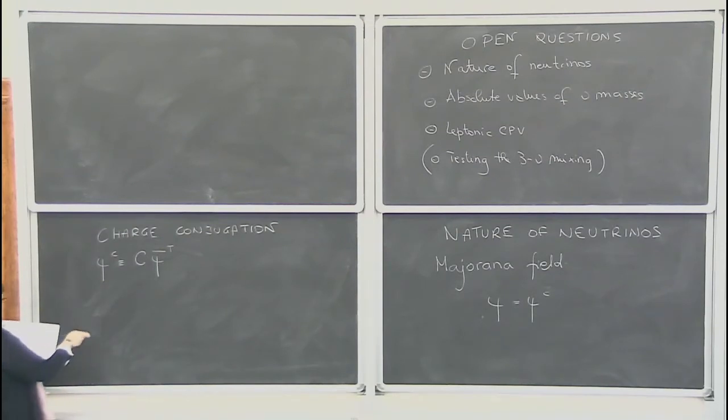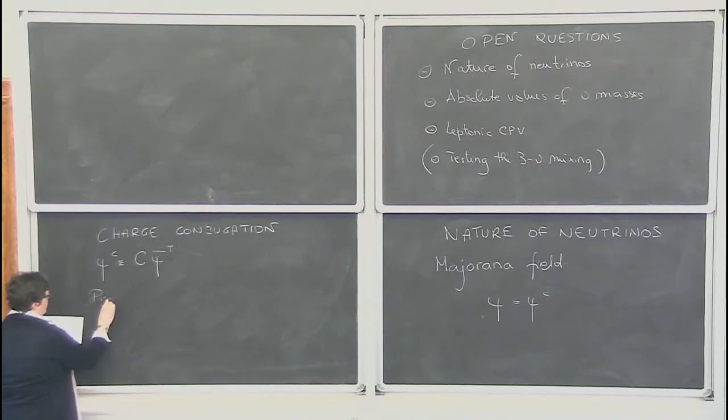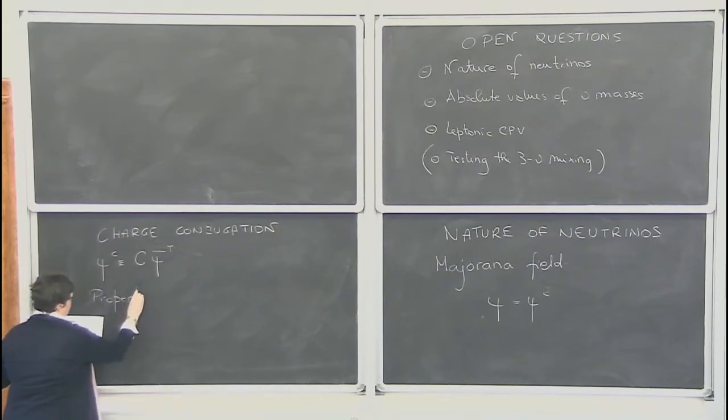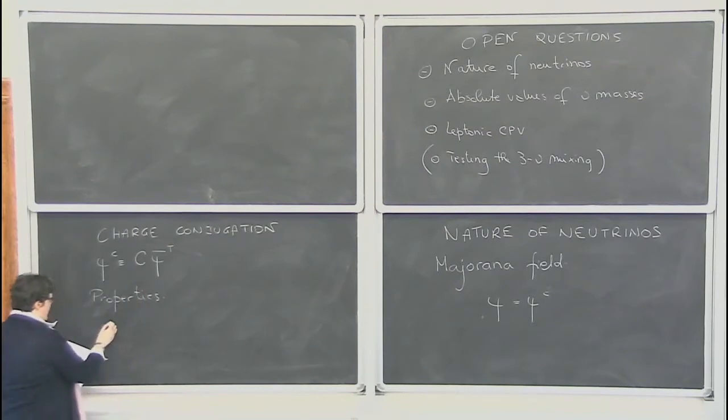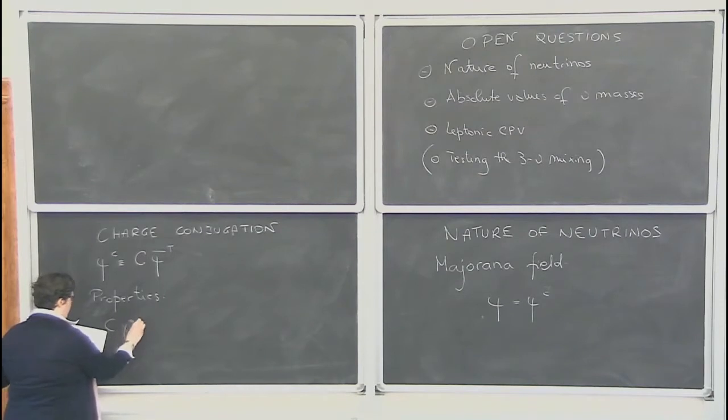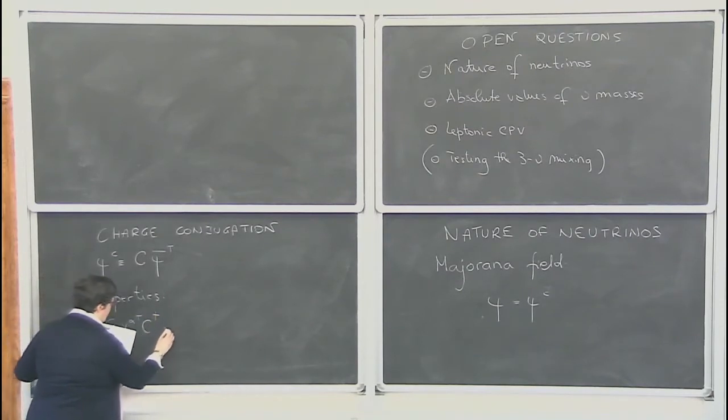This matrix C has the following properties. When I apply C gamma alpha transpose C dagger, this gives me minus gamma alpha.